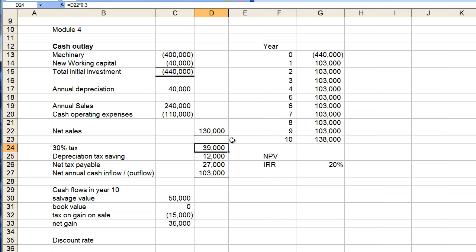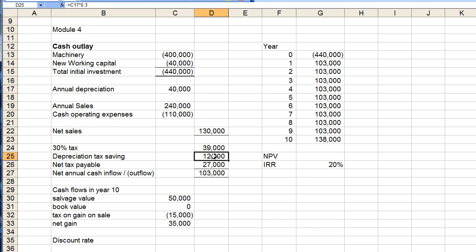And then we have this thing called the depreciation tax shield, or our depreciation tax saving, which is going to be 30% of our depreciation figure that comes into our P&L statement according to the notes. Now, I found this concept quite interesting. This will reduce the amount of tax that we have to pay. So what is 30% of 40,000?